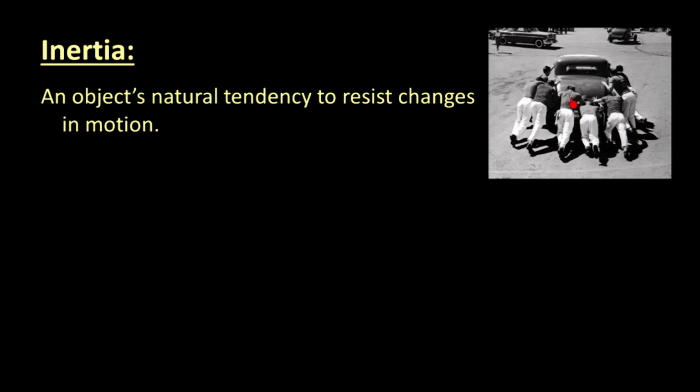Well, what is actually happening is you have to overcome the inertia of the car. The car is a body at rest, and you want to make it a body in motion. So what you are doing is overcoming its natural tendency to resist changes in motion. It is at rest. It is going to stay at rest. You have to change that by making it roll.